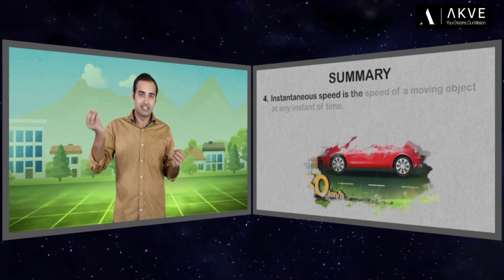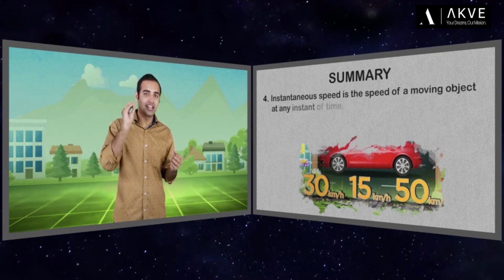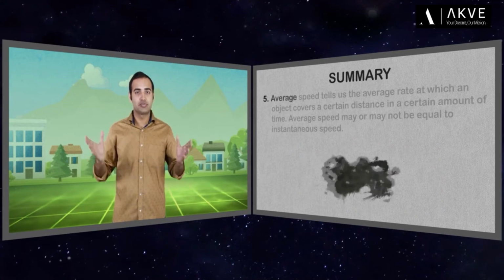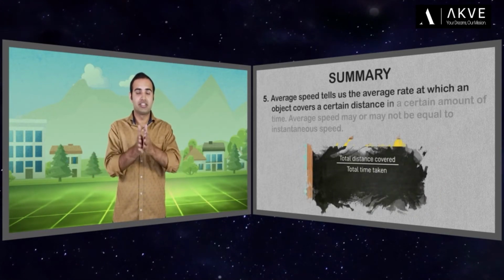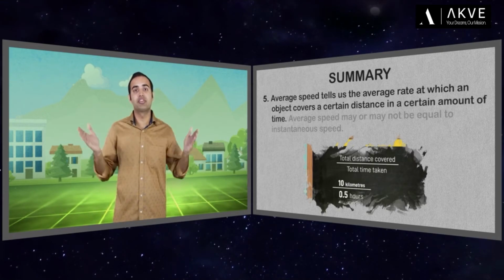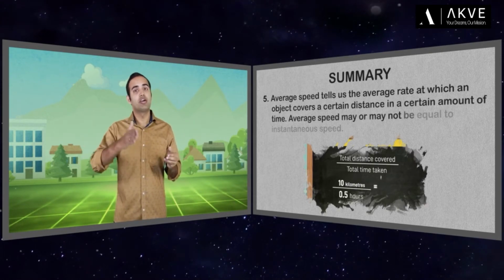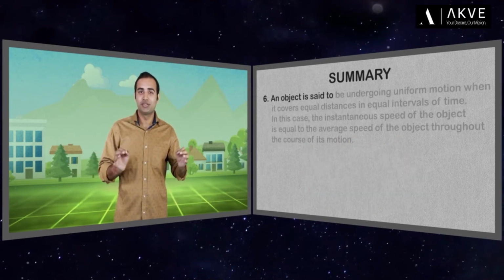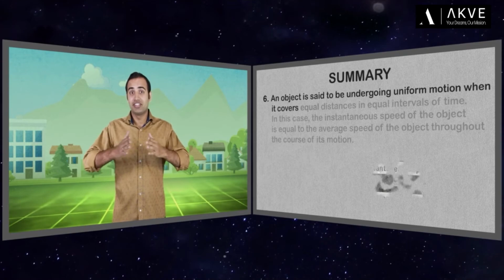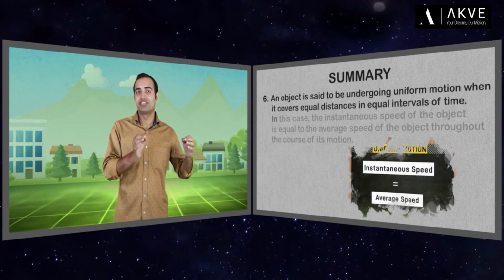Instantaneous speed is the speed of a moving object at any instant of time. Average speed tells us the average rate at which an object covers a certain distance in a certain amount of time. Average speed may or may not be equal to instantaneous speed. An object is said to be undergoing uniform motion when it covers equal distances in equal intervals of time.